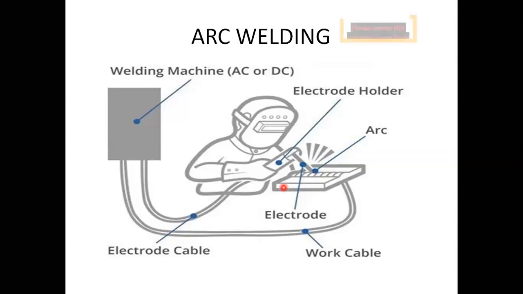I am not talking about centigrade. Previously I said 450 for brazing, which was in centigrade, but now it is Fahrenheit. So this amount of temperature is created in arc welding.